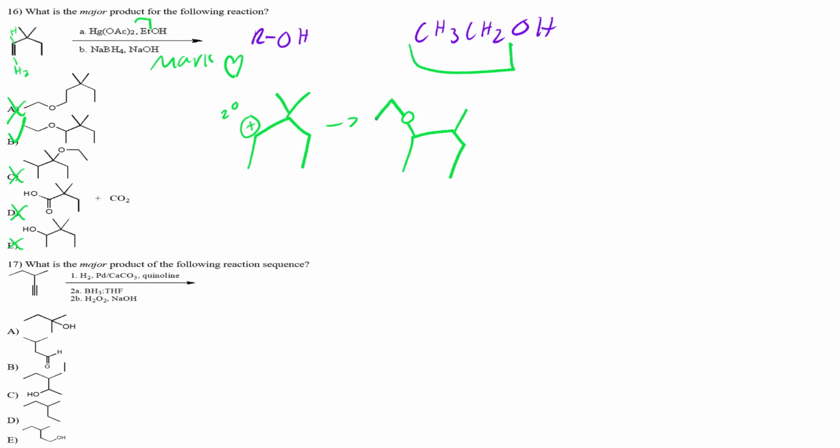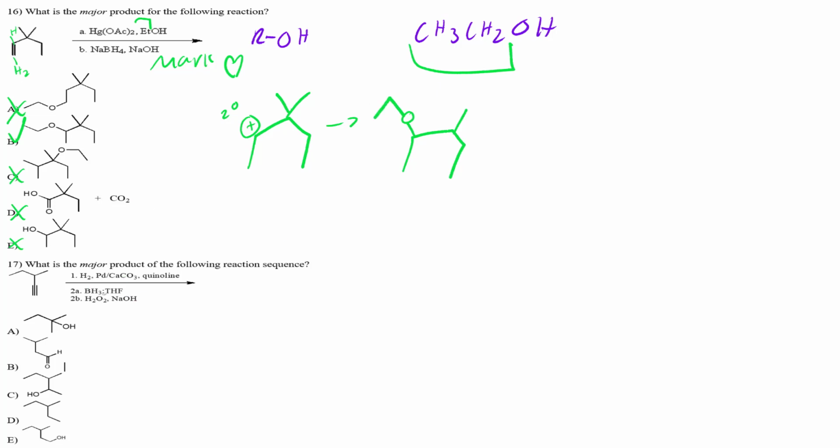Propanol is like this, and then butanol would be that. Pentanol, hexanol, heptanol, octanol, nonanol, decanol. You get it? I'm just saying that if you have an alcohol with an R group, then you should have that R group attached to that oxygen. So that is your answer, B.